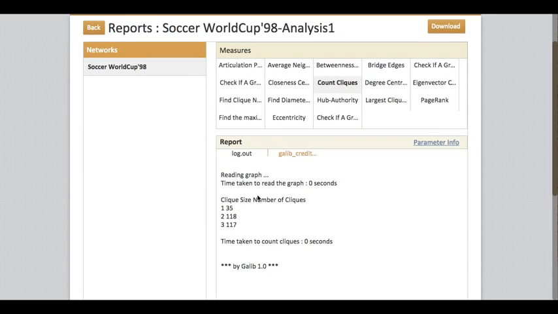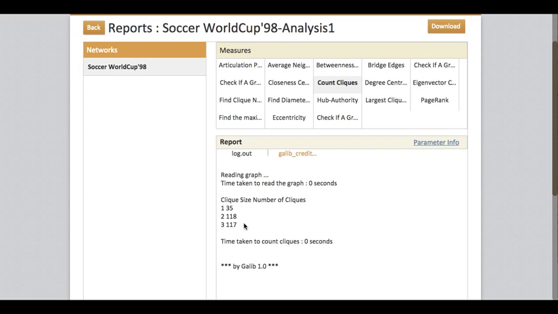Right now, as far as cliques of size 3 and larger, I have clique size 3, and the number of cliques of that size is 117.